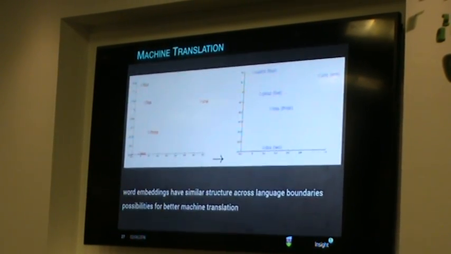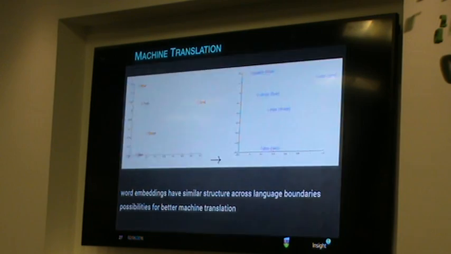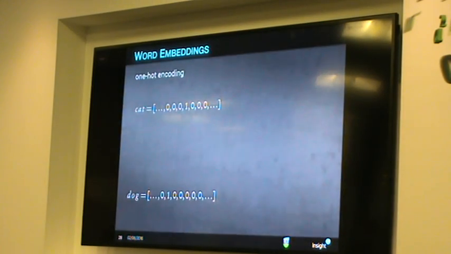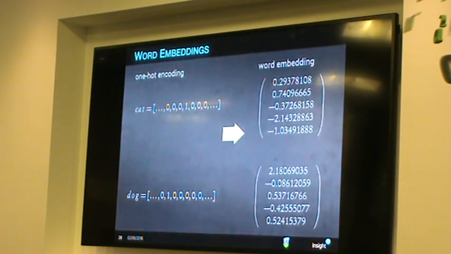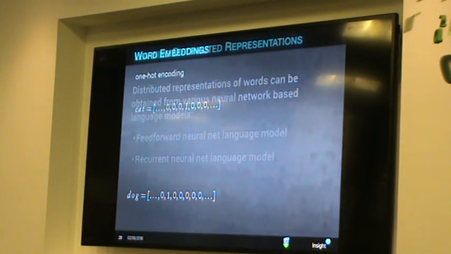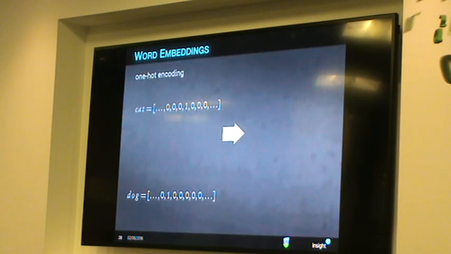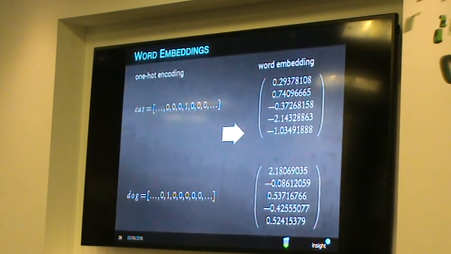So people are using these concepts of numbers the same way in different languages, and we can pick that out from these word embeddings. And again, the basic idea here is that we go from these word vectors, which are encoded in our vocabulary space, to vectors in a much lower dimensional real space.